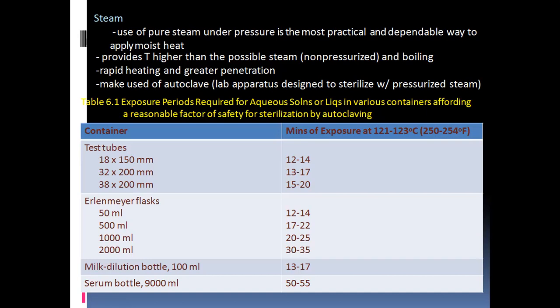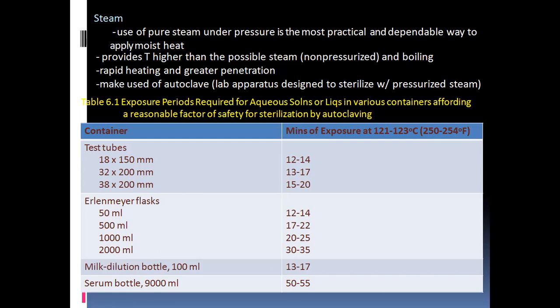Here is the table which shows the exposure periods, or exposure times, required for aqueous solutions, for liquids in various containers, affording a reasonable factor of safety for sterilization by autoclaving. Now the container: if we talk about test tubes, various dimensions, 118 by 150 millimeter, 32 by 200 millimeter, so various sizes of test tubes if we want to sterilize them.